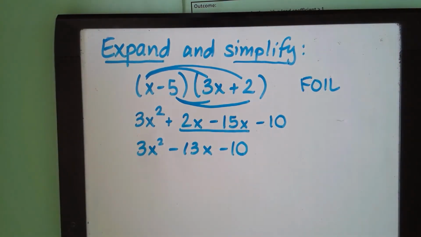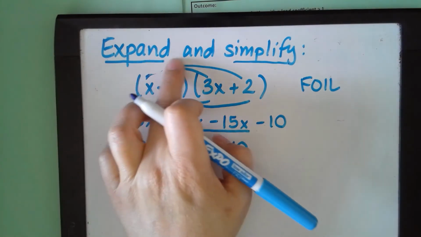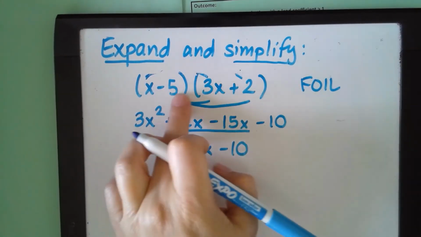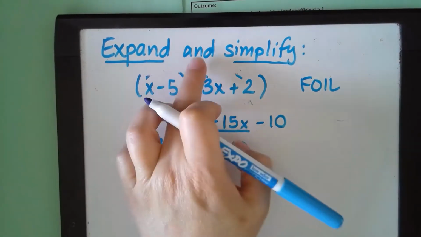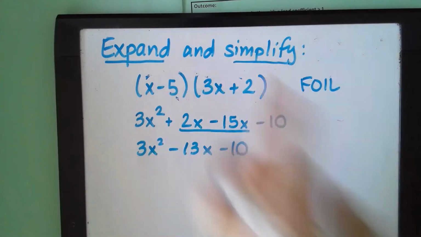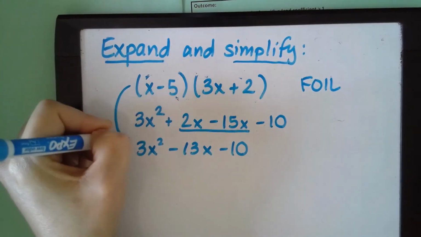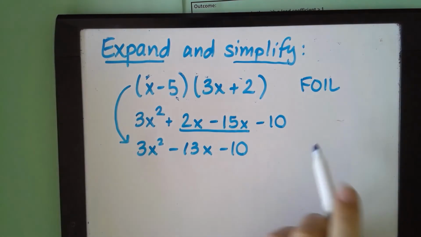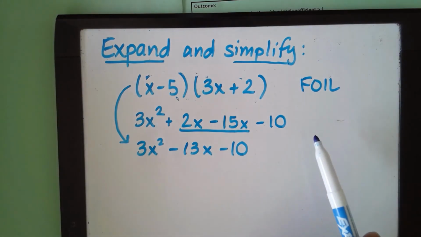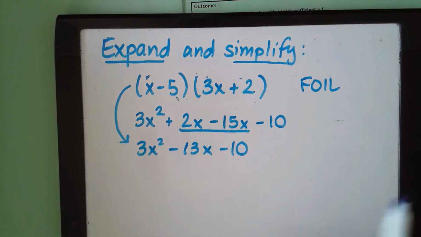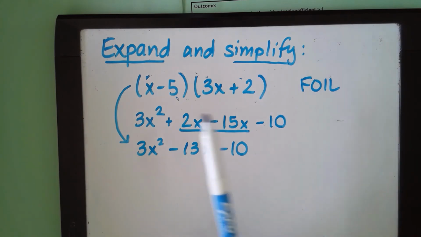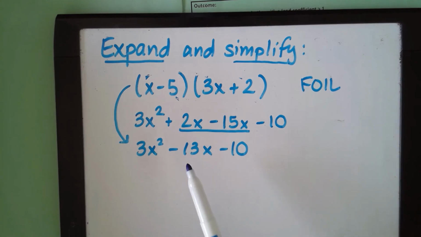If I was going to expand and simplify those two binomials, I would go from this to this with this in-between step. Hopefully that's very familiar to you, and I really want you to take a look at what we're doing here, because we'll come back and compare it to what happens when we work in the other direction.